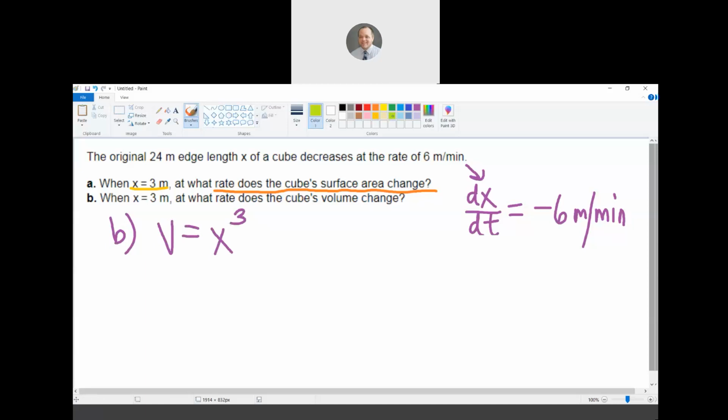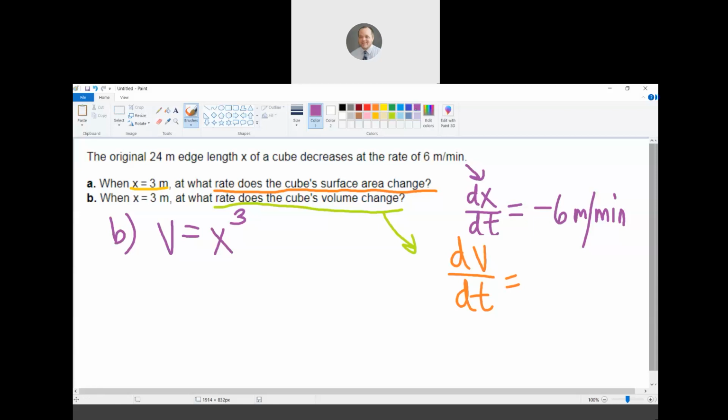Now, what we're trying to find is at what rate does the cube's volume change with respect to time? And that is translated to dV over dt. Change in volume with respect to time is how you would translate that also. So let's take the derivative of both sides.